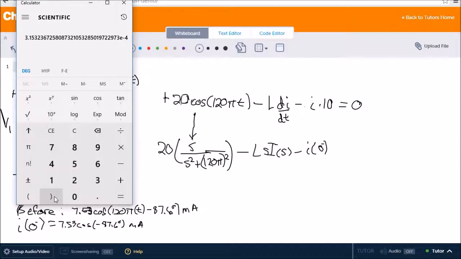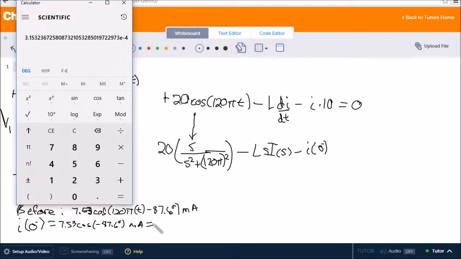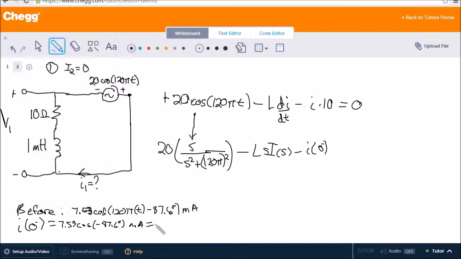And we get 3.15 times 10 to the negative fourth. We could also call that 315 times 10 to the negative 6. So that would be microamps. So that's this value right here. So I'm going to erase that and insert it there.